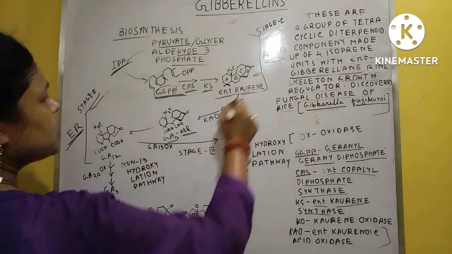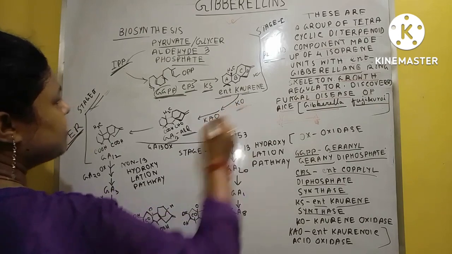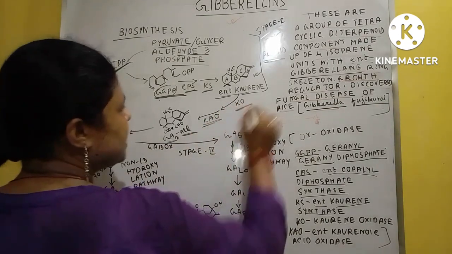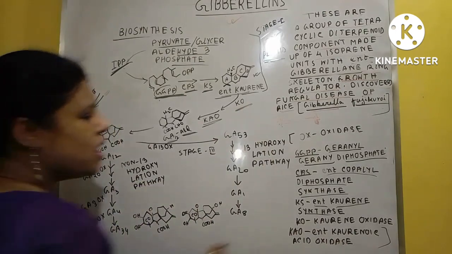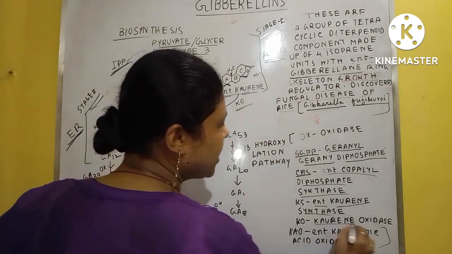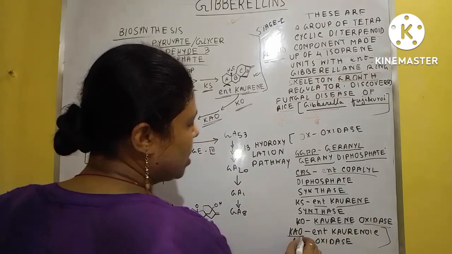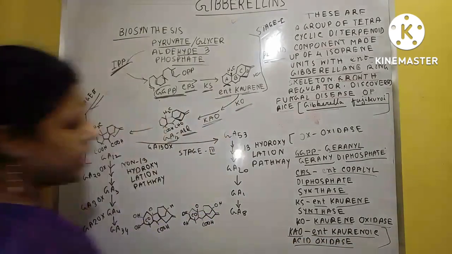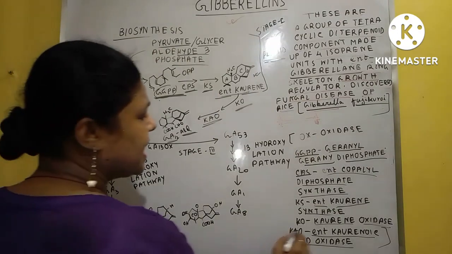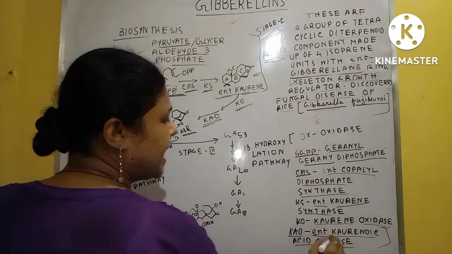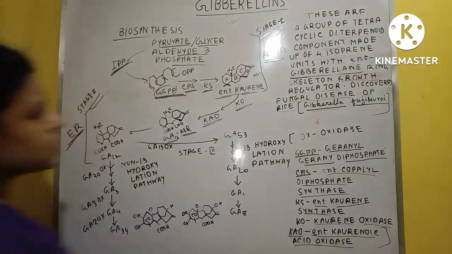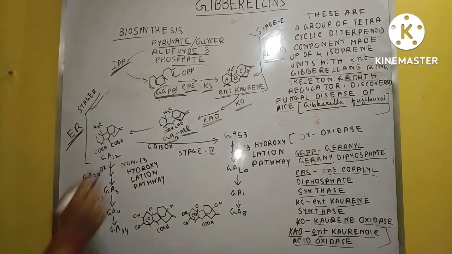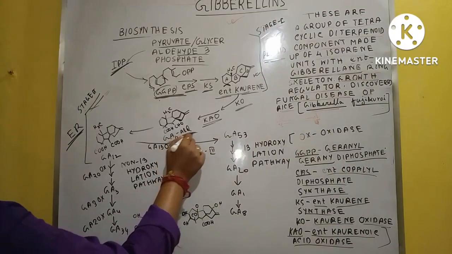This is possible in the presence of two enzymes, KO and KAO. KO is ent-kaurene oxidase, and KAO is ent-kaurenoic acid oxidase. In the presence of these two enzymes, it converts into GA12-aldehyde.